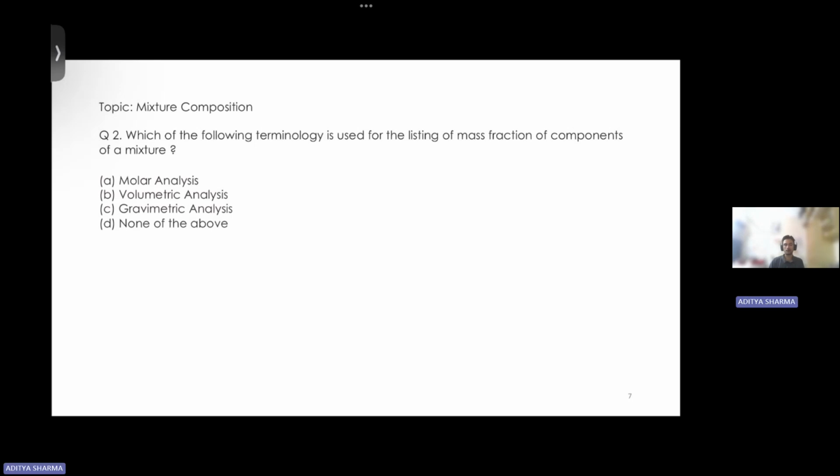So in our analysis of a mixture, when we obtain the different mass fractions of all the components of a mixture, such analysis is called what? And whether that term is there in the given options.